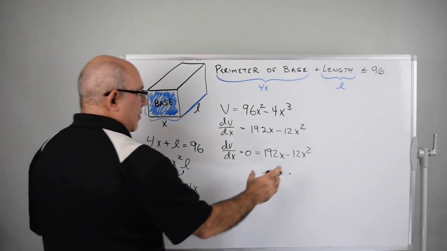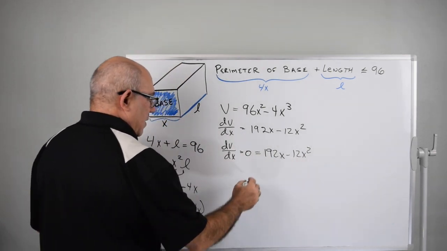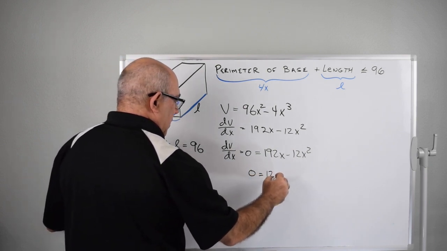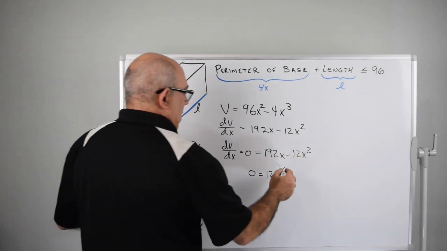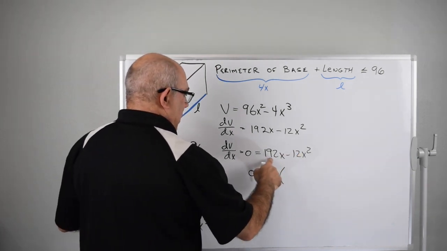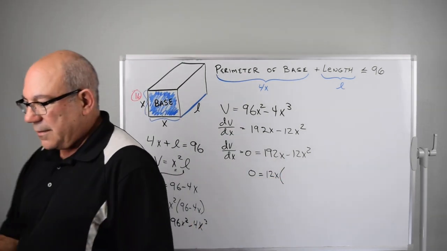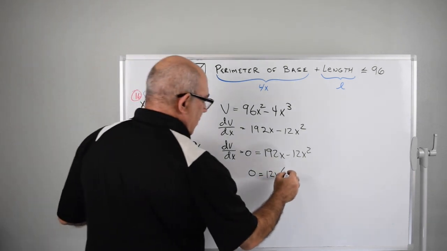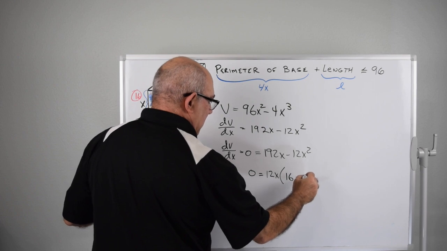We can factor out a 12x from this. So we get 0 equals 12x times, and that would be whatever 192 divided by 12 is. I think that's 16. So we have 16 minus x.